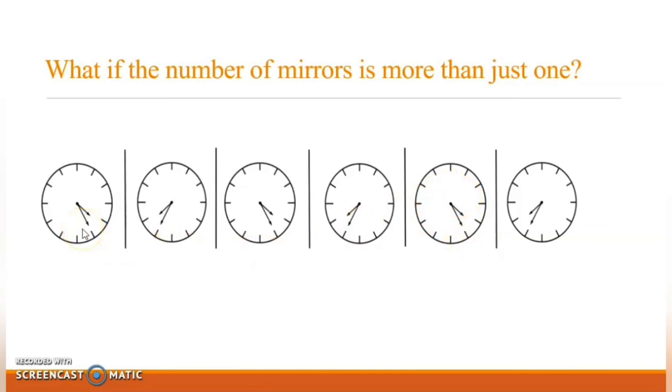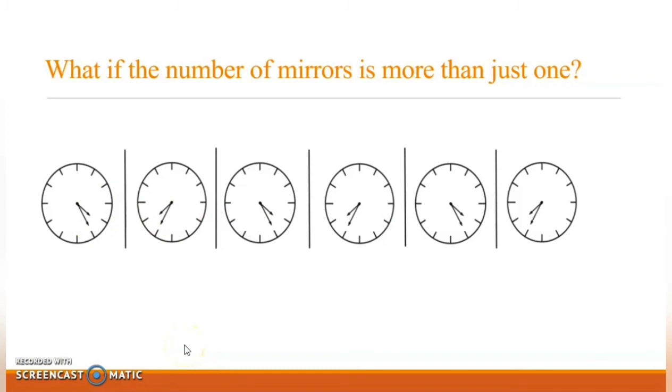So now you must have got that if the number of mirrors is an odd number, then the image obtained is the same as the mirror image obtained when there is only one mirror. And if the number of mirrors is an even number, then what we get is the original clock.